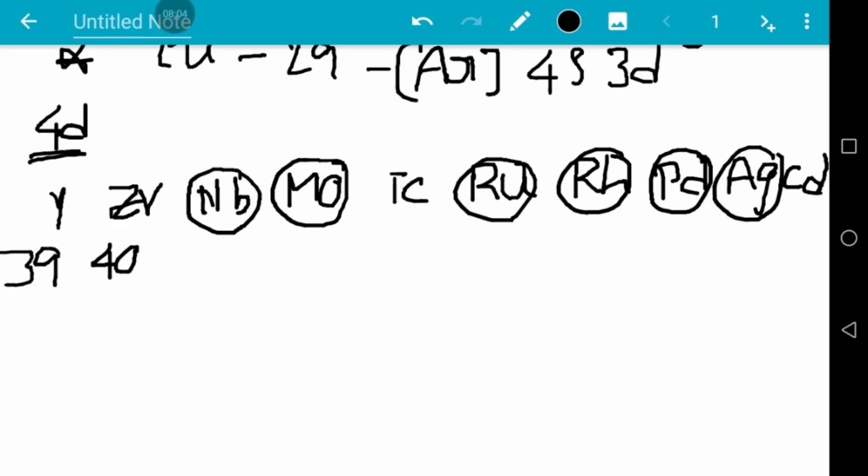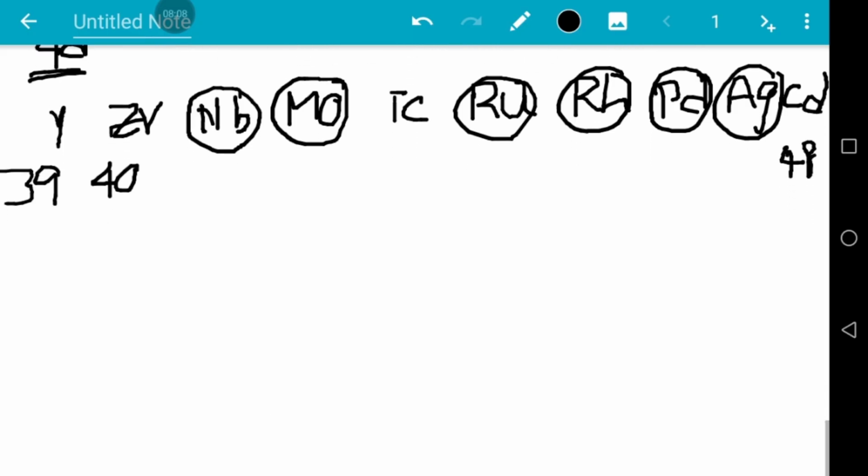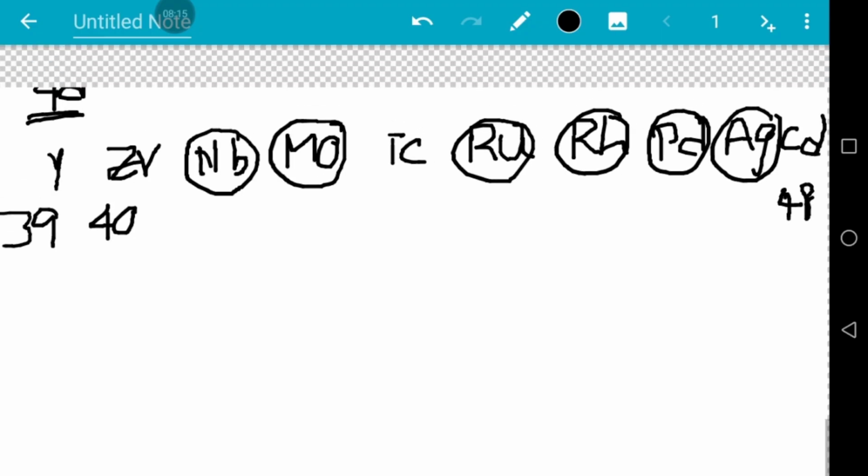Here, what is the nearest noble gas? Yttrium is 39, so the nearest noble gas is krypton, with atomic number 36.